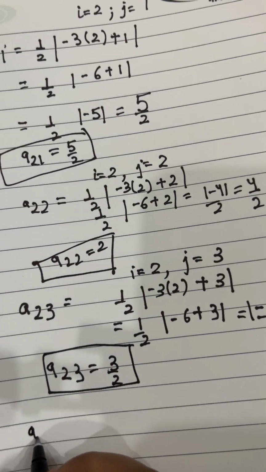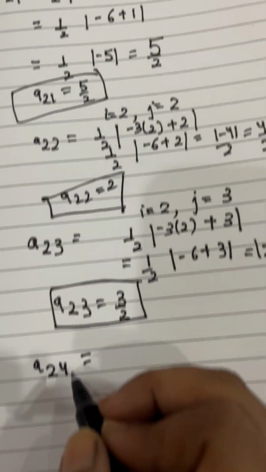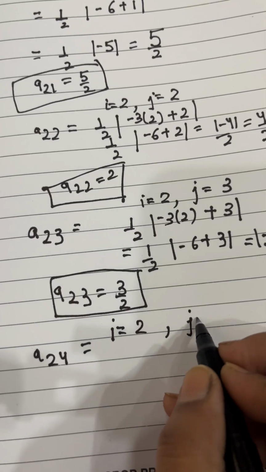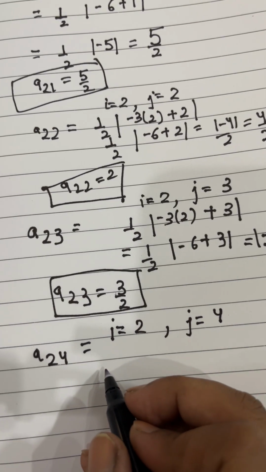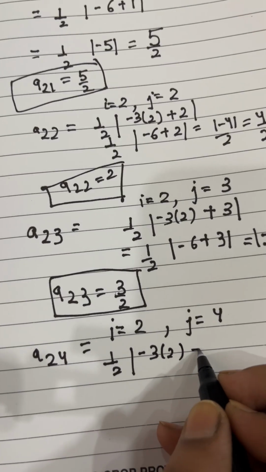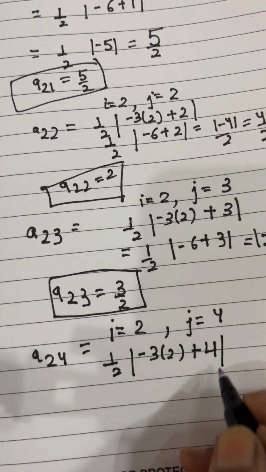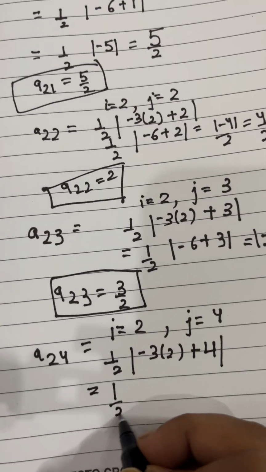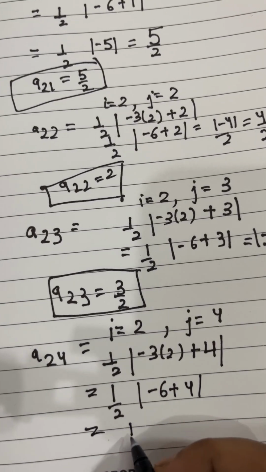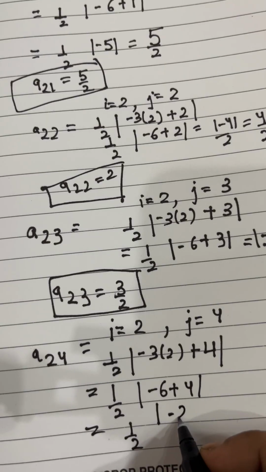Now A24. A24 is i is 2 and j is 4. This is 1 by 2 minus 3 into 2 plus j is 4. This is 1 by 2 minus 6 plus 4, that is 1 by 2 minus 2.